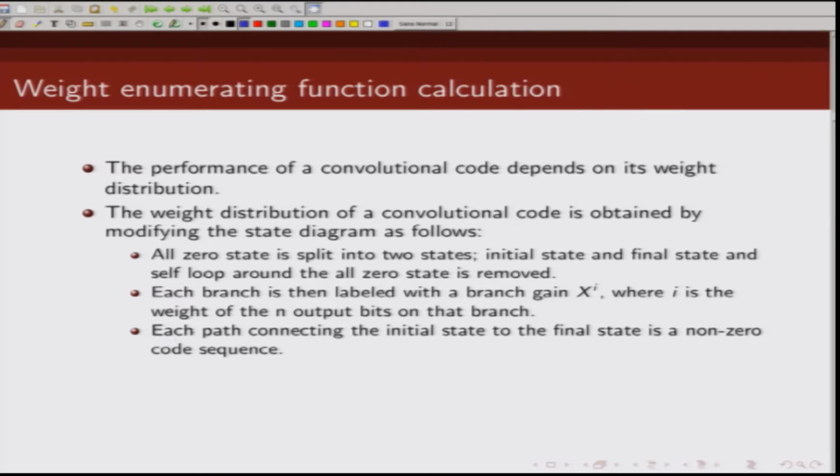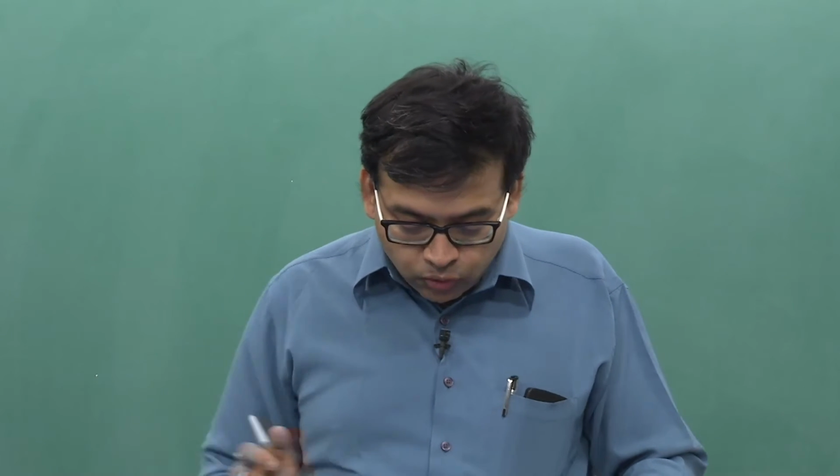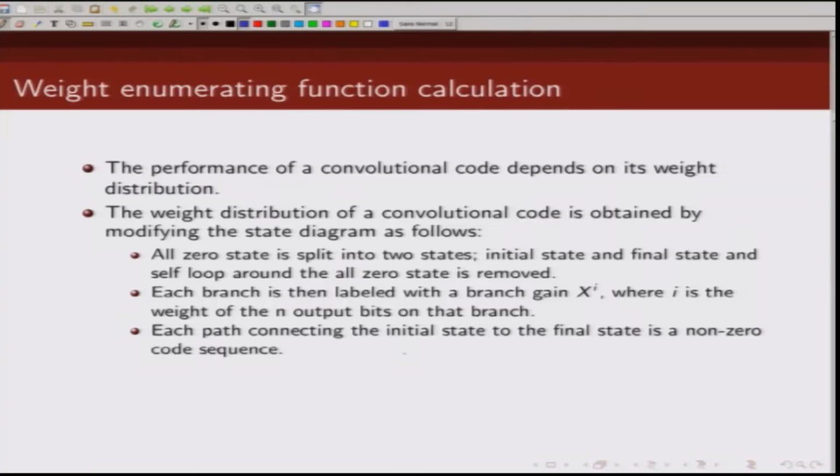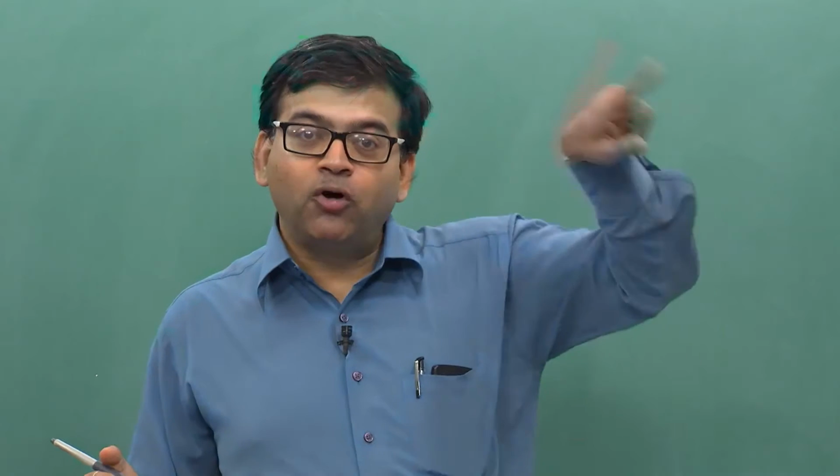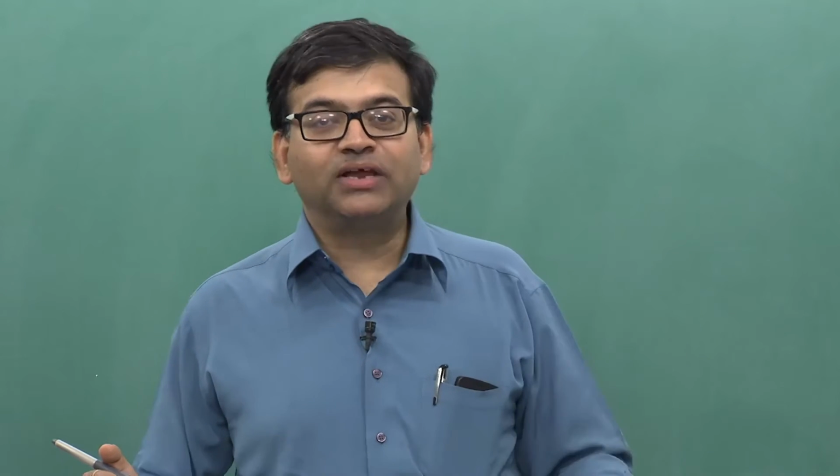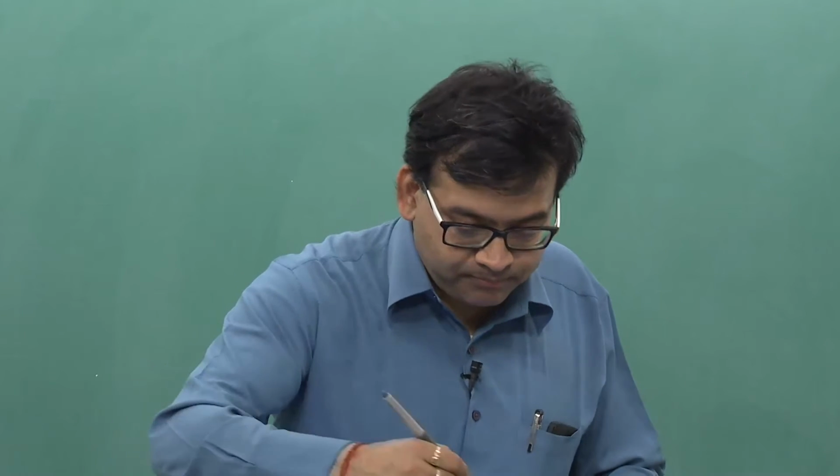So, now after we split the all 0 state into two states, initial state and final state, each path connecting the initial state to the final state is a valid non-zero codeword, because we have removed the self loop around the all 0 state.